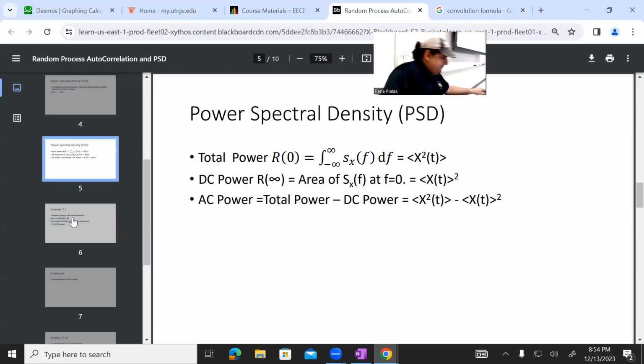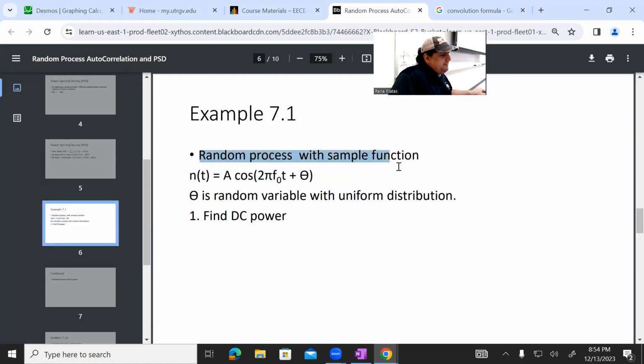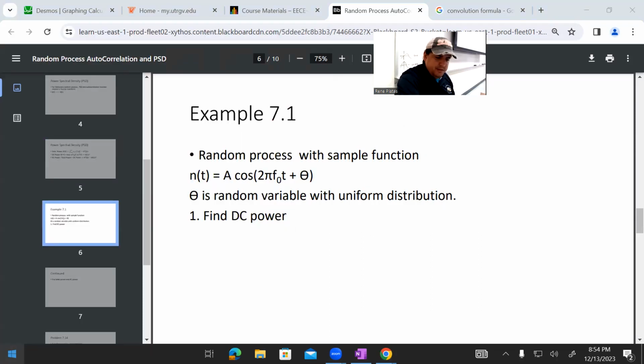Let's look at an example, see what we can do. Random process with sample function blah, where theta is a random variable with uniform distribution, find the DC power. Interesting. Snip, snip.